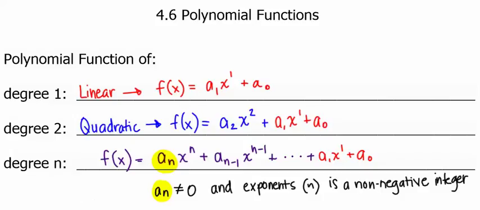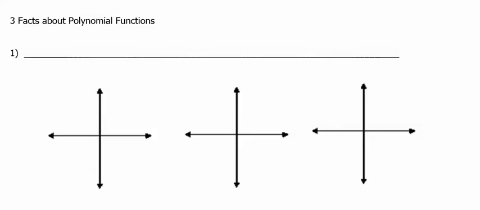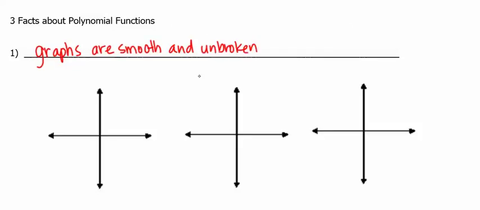Now there's 3 facts about polynomial functions. Their graphs are smooth and unbroken. Smooth meaning there's no corners.